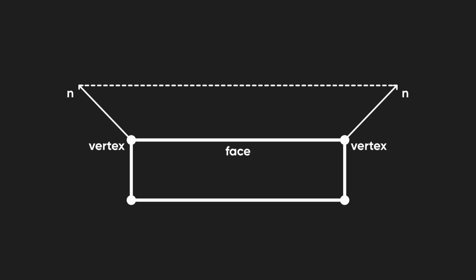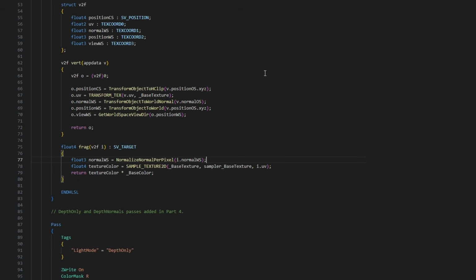The problem is, with linear interpolation, it's like drawing a straight line between the two endpoints, and then picking a point on the line. And if we're working with vectors, in most cases, all of these interpolated vectors will be shorter than the original unit vectors. Since the later fragment calculations rely on the normal vector being unit length, that's why we normalize.